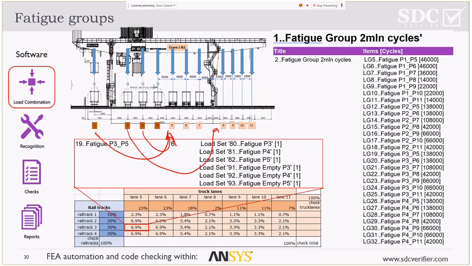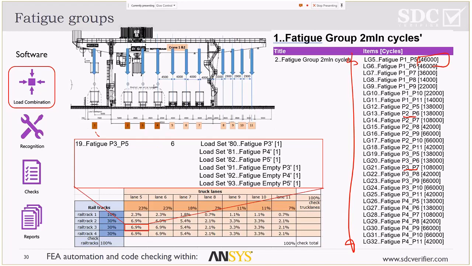You can make a different group and set the number of load cases here. So here we transferred this complete table into different load situations, from position 2 to 6, from 3 to 7, and so on. This grouping effect makes fatigue checking very, very simple.